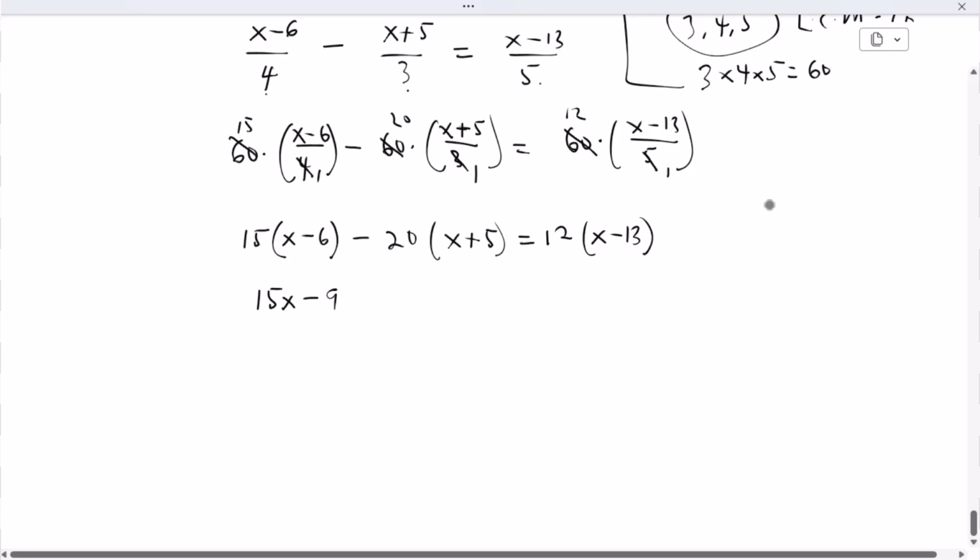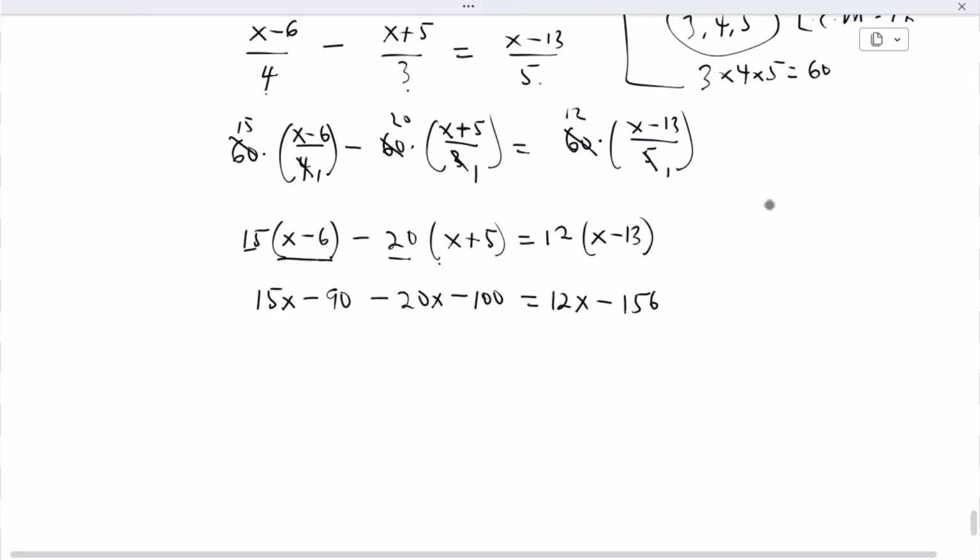That's going to give me 90, minus 20 multiplying x minus 100, to be equal to 12 multiplying x minus 156. Now I just use the number outside the bracket to multiply whatever is in the bracket.